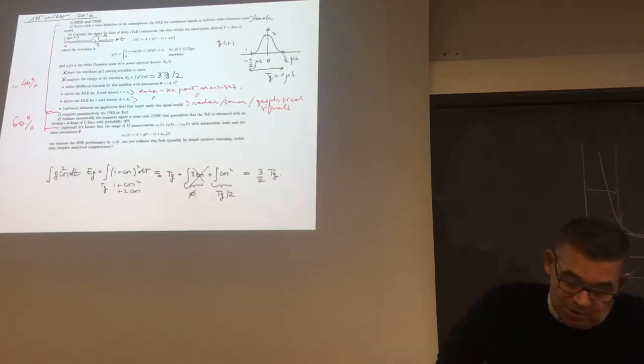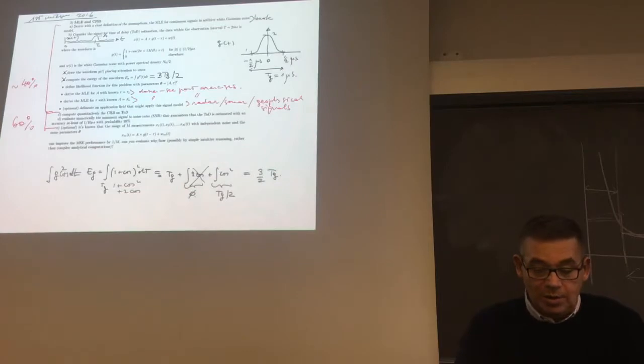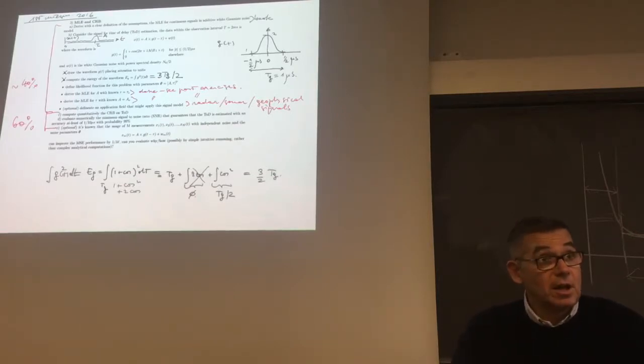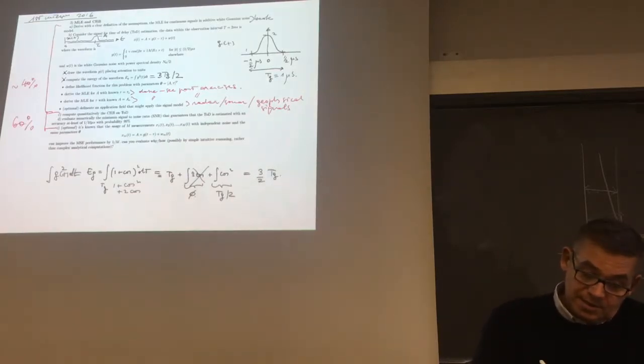So I need to compute quantitatively the Cramer-Rao bound. Now we know that this is a continuous time experiment. So in order to get the Cramer-Rao bound, I need to calculate the Fisher information matrix entries. With a little bit of patience, we make it.